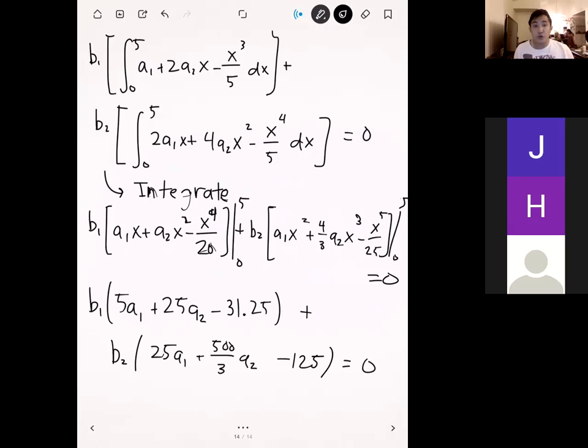And all this is equal to 0. So a lot of algebra and a lot of integration, but this is what you're going to end up with. Any questions on this so far?